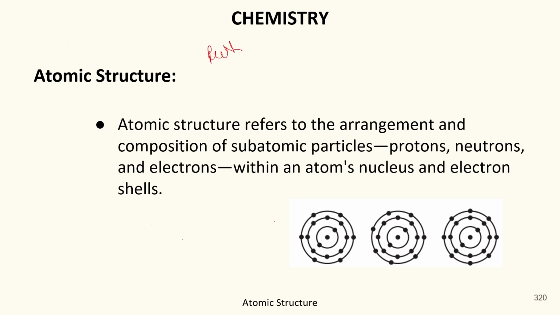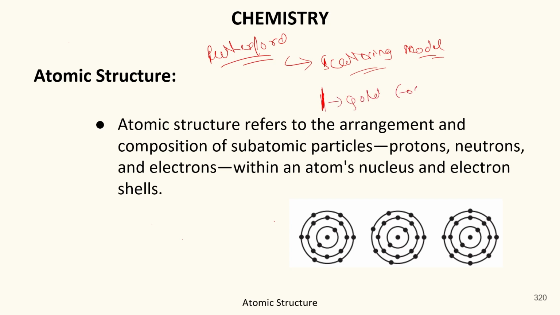Thereafter, the next man was Rutherford. His model is known as scattering model. Okay, basically he used gold foil, and then he used an alpha particles beam to flash on this gold foil, and after this he made some statements.